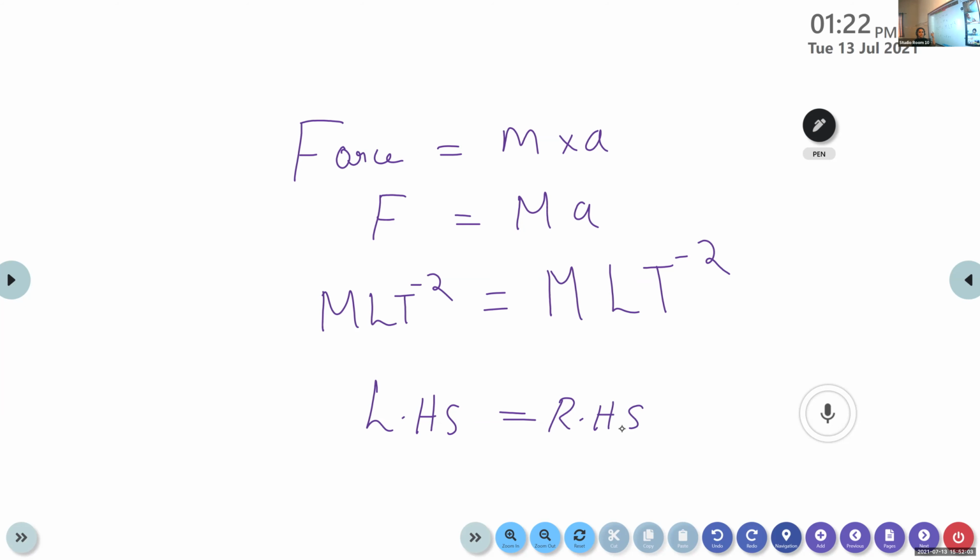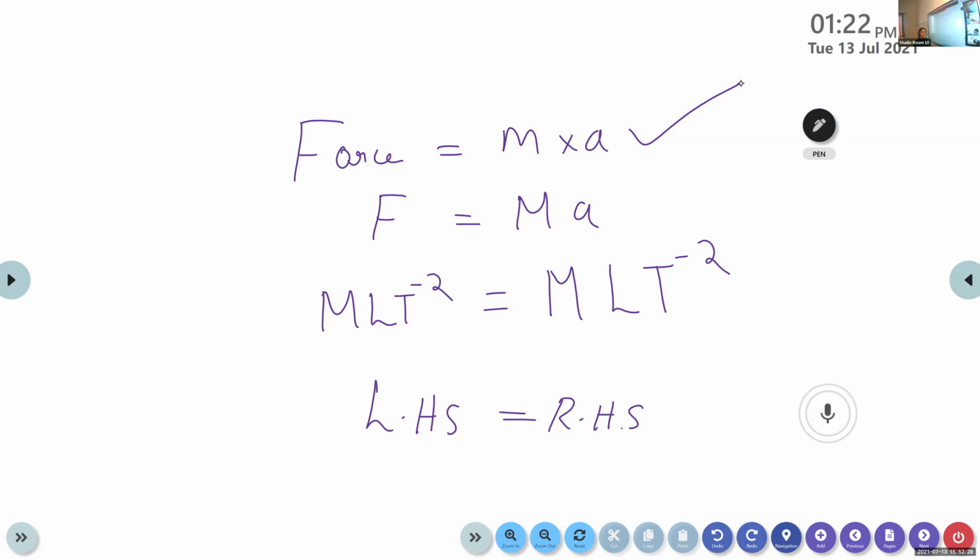The dimension of the physical quantity force is MLT raised to minus 2, and the combined dimensions of mass and acceleration is MLT raised to minus 2. So the dimensions on both sides of the equation are the same, so we can say this equation is correct. Force F is equal to ma.